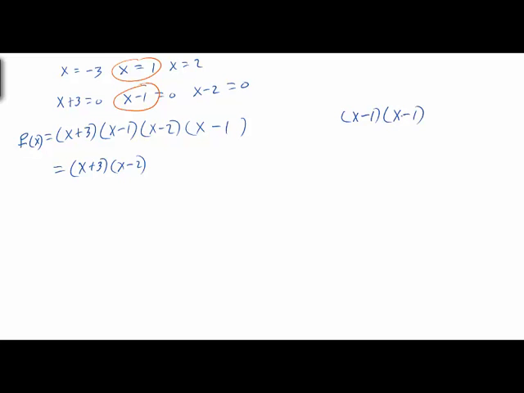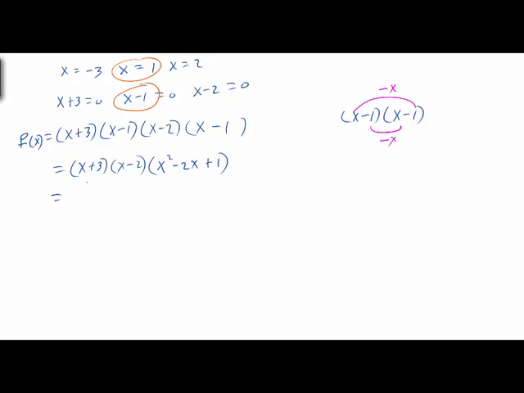If you FOIL this, you get x squared, x times x, then negative x and negative x gives a negative 2x, and negative 1 times negative 1 is a positive 1.